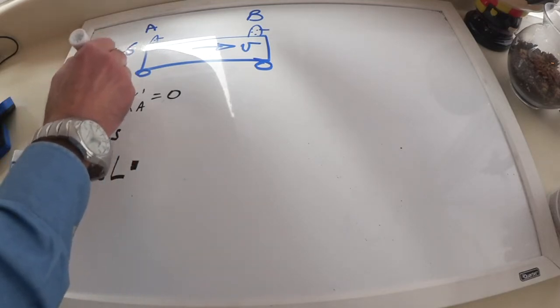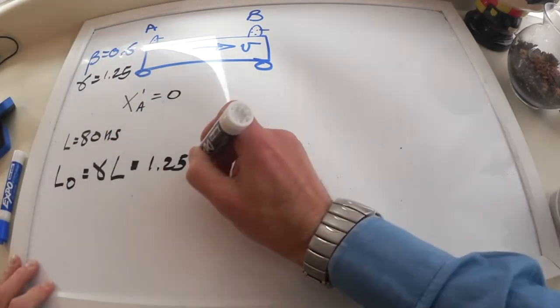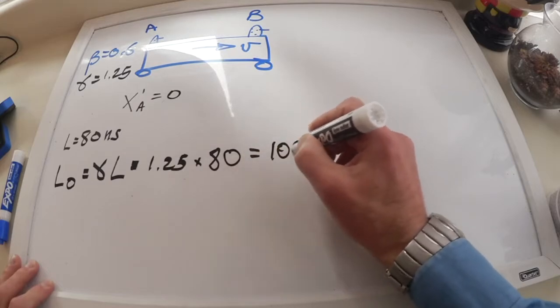Gamma for a beta of 0.6 is 1.25, so the Daleks are 100 nanoseconds apart from their reference frame. Now, what is the distance between the two holes as seen from the tunnel? Can you guess what the answer is?